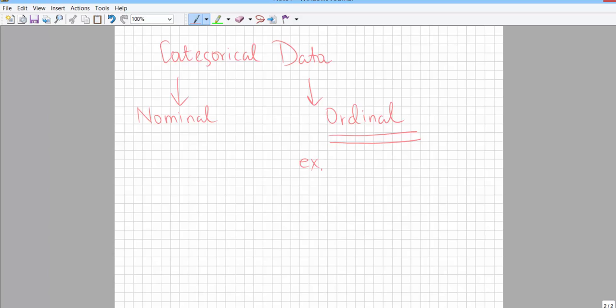Example would be sizes of t-shirts. They go extra small, small, medium, large, extra large, right? There is a very natural way to order this data, but this is categorical. These are categories, right? And then nominal, no way that you can order it one way or the other and say, okay, this is how I would do it.